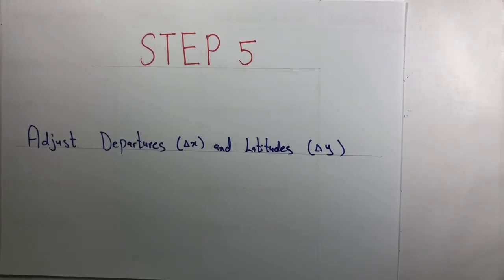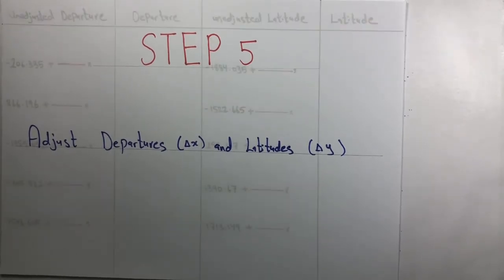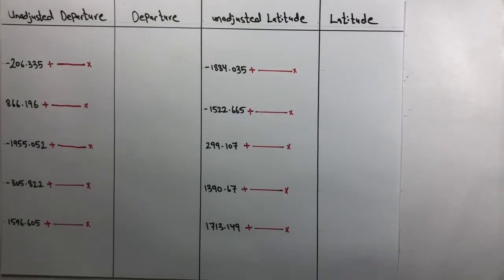Step 5. Adjust the departures and the latitudes. Adjusting the departures and the latitudes is directly related to the length of the lines. Longer lines will have more correction than the shorter ones. So the information we'll need here is the length of each line.